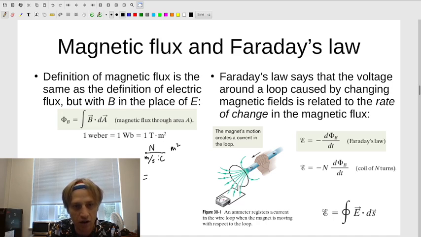So, I mean, a Weber, and then Newtons would be kilograms times meters per second squared times meters squared over coulombs times meters.